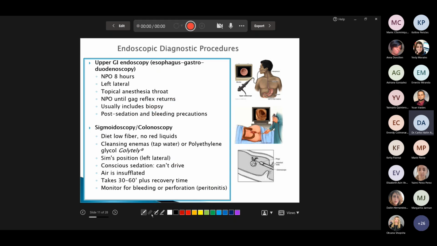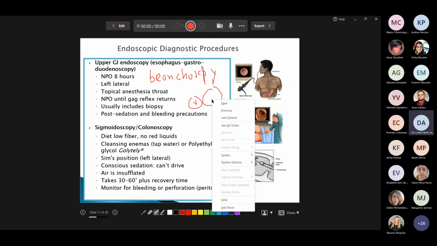There is a test that is very similar to the upper GI endoscopy, which is the bronchoscopy. Bronchoscopy is the introduction of the endoscope, but you have two holes side by side. One is the trachea, which is anterior.